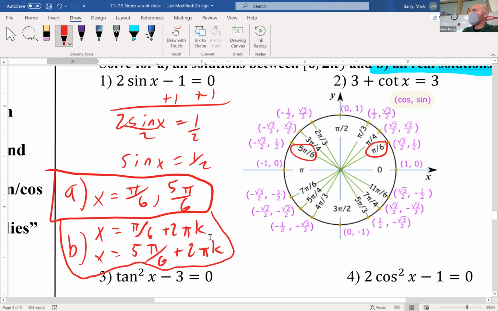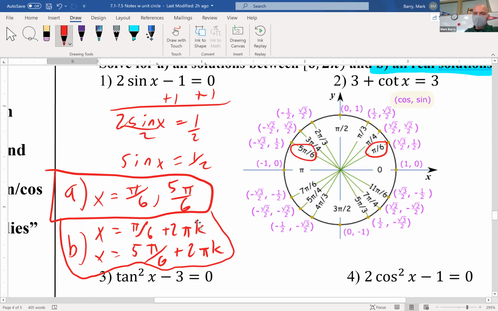K here represents any integer, okay? So what I'm saying is I can plug in any integer for K on either one of these formulas, and I will get another correct answer, all right? So let me explain. Technically, 0 is an integer.